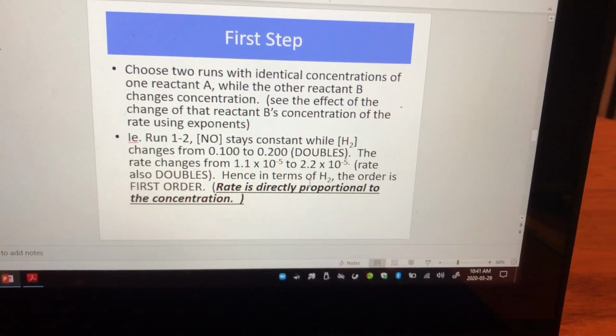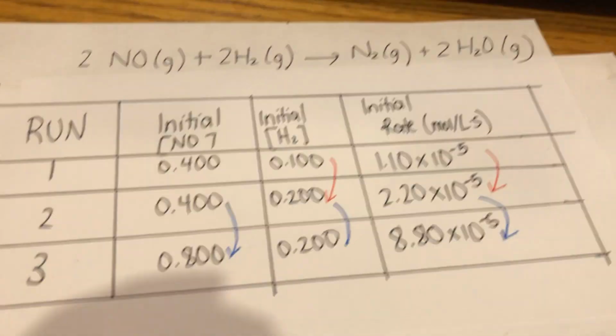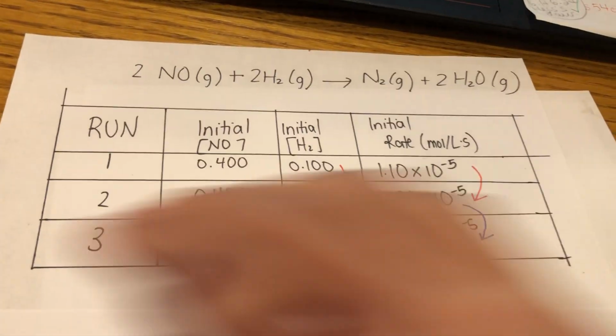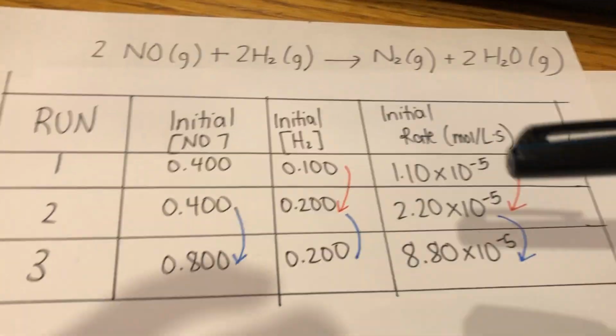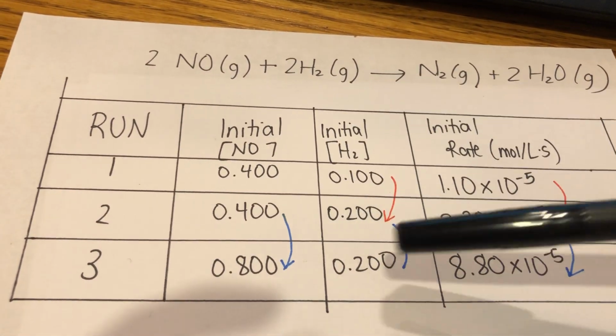So before we go to the next slide, I'm going to be walking you through how to do this on paper. So here, what you have to do first is find one reactant that's remaining constant.